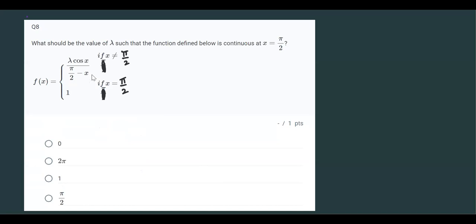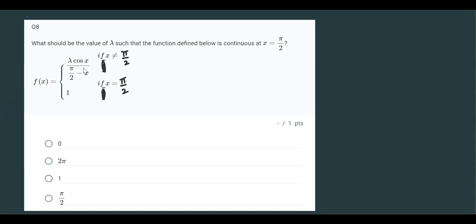See, as we are talking about whether the function is continuous, the left hand limit should be equal to the right hand limit, which is equal to the function value. Function value at x equal to pi by 2 is 1. Now this is lambda cos x by pi by 2 minus x for x not equal to pi by 2.